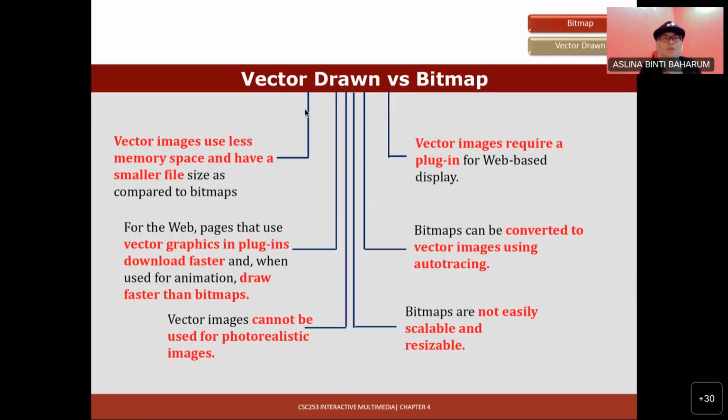Vector versus bitmap. This one is important. You should understand the difference between vector and bitmap. One of them is that vector uses less memory and has a smaller file, because bitmap is higher resolution. But that doesn't mean vector is not high resolution, because it focuses on fine lines.